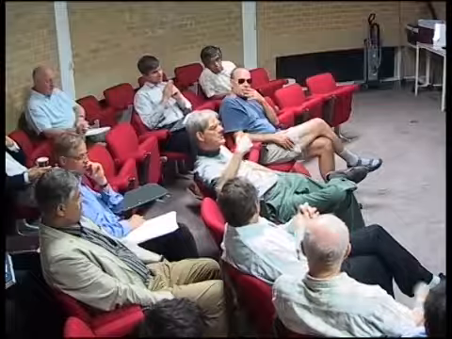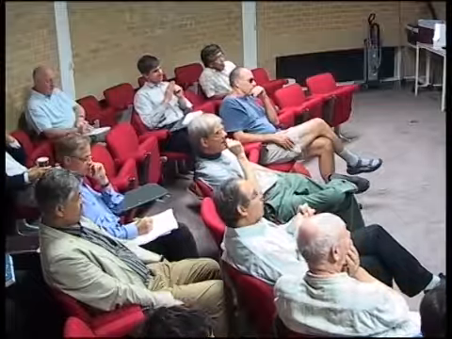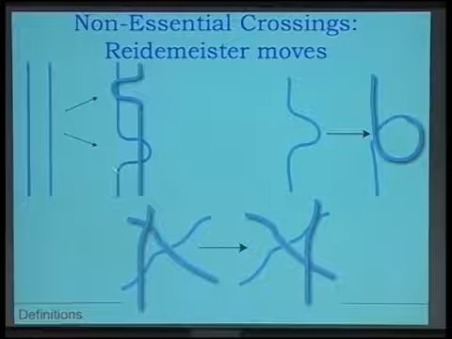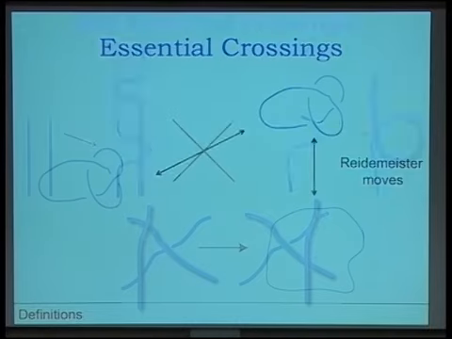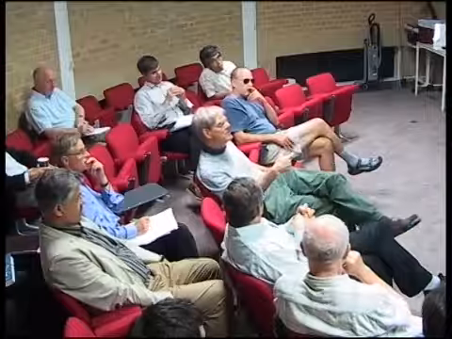Yes. He wants to refine your invariant to take into account the crossings. These are the moves that are allowed because they don't cut the string, so they cannot change the topology. And if you take this example here, these two lines represent exactly the same knot. He wants to orient the knot and then count the crossing.